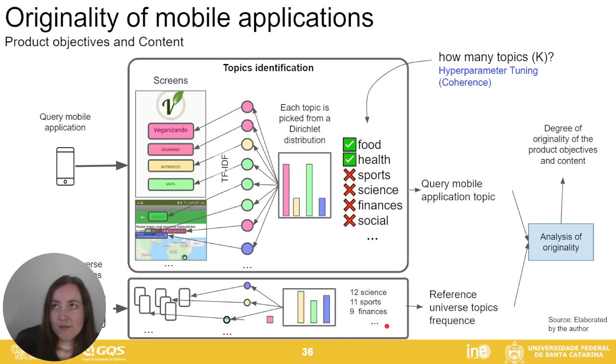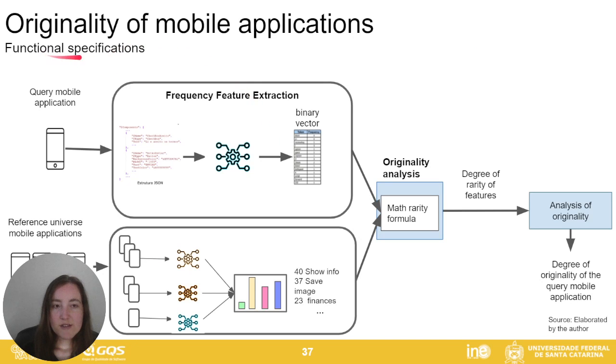If something appears quite often, well, maybe it is not original, okay. For determining how many topics, we may want to use hyperparameter tuning, for example, a coherence indicator or something similar. Focusing now on the functional specifications, we first extract the features from the app using a rule-based script.